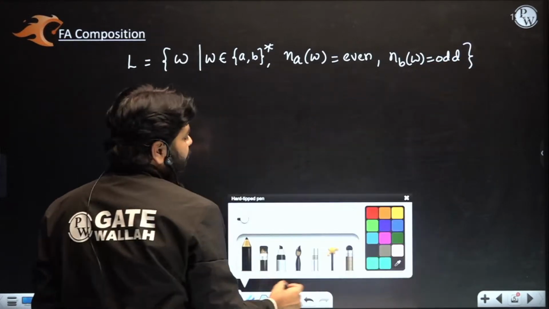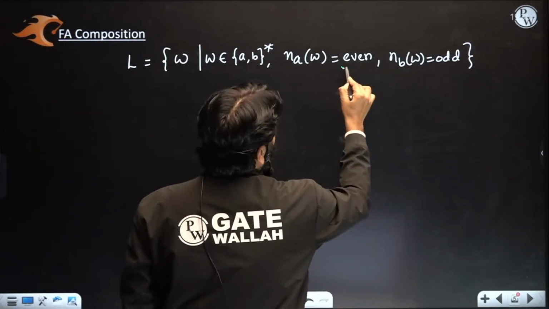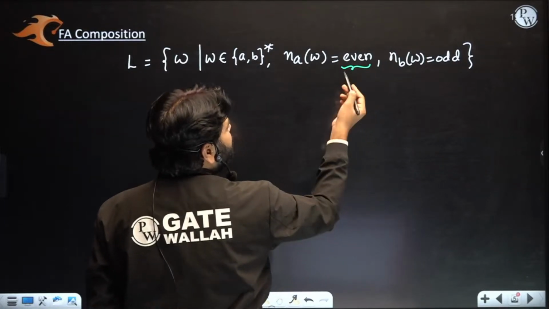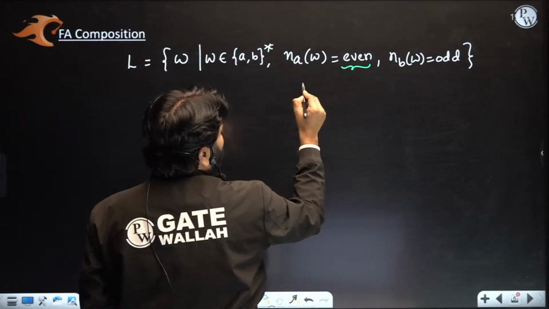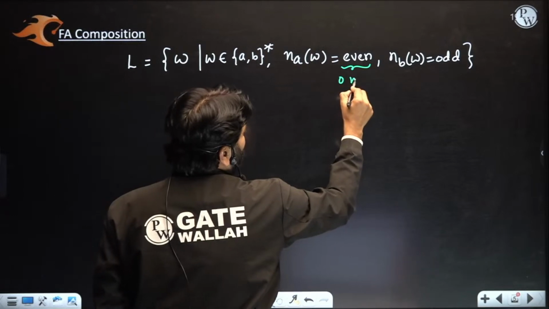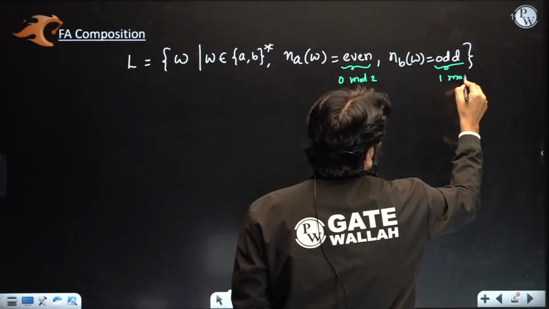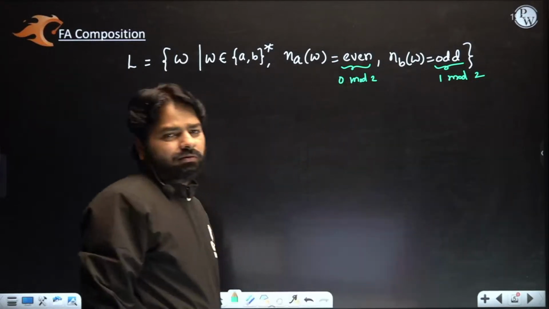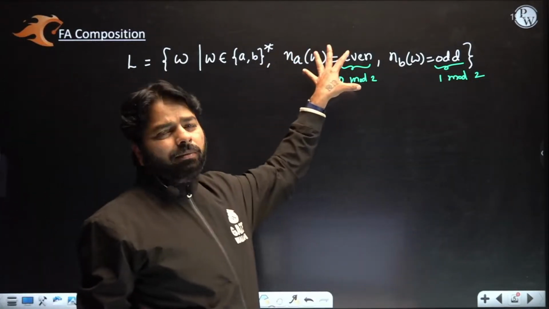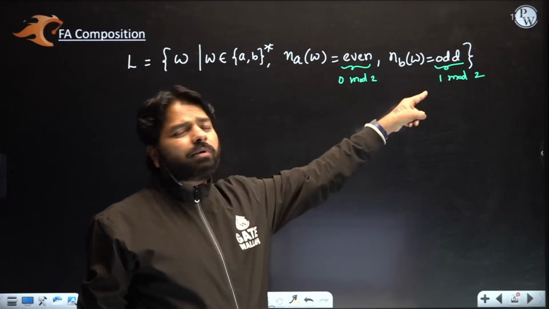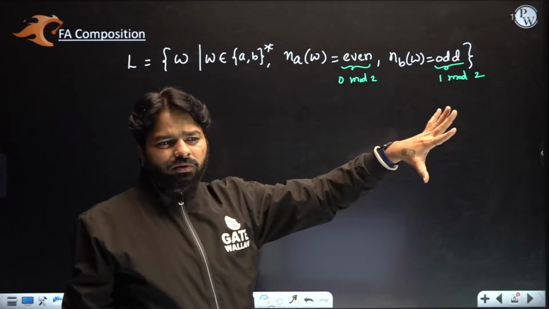What is the meaning of even and odd? Even means divisible by 2, that's 0 mod 2, and odd means 1 mod 2. So the number of A's is divisible by 2, and the number of B's is not divisible by 2.